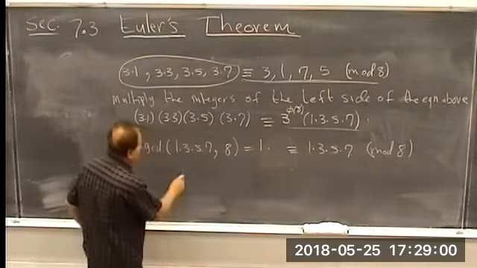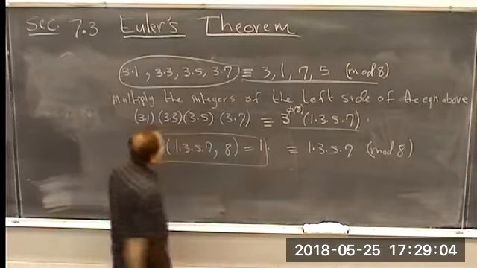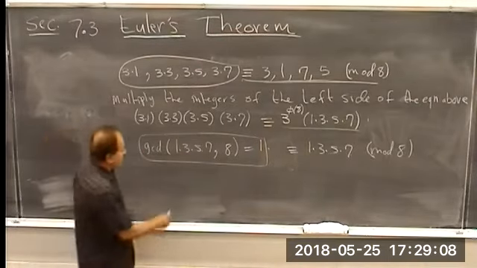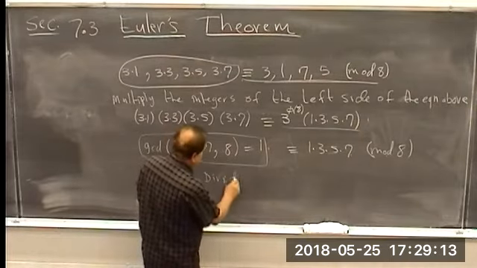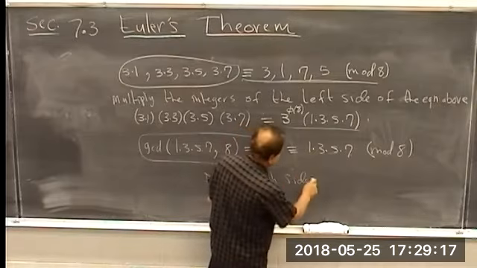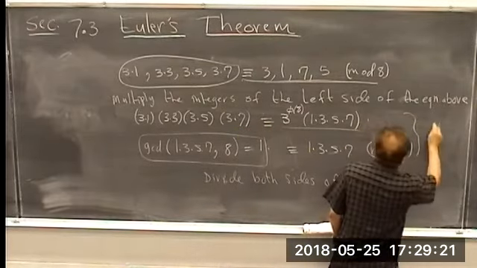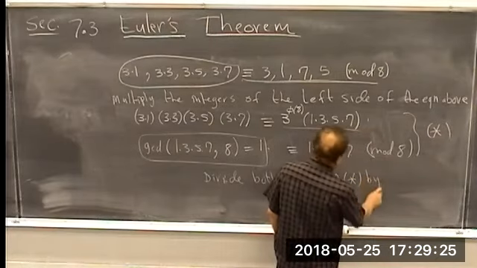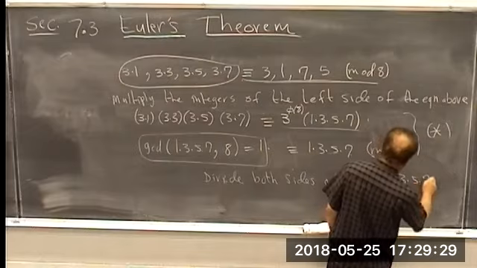Now we're going to divide. Since the greatest common divisor of the product of these and 8 is equal to 1, we can divide both sides of this congruence by 1 times 3 times 5 times 7.